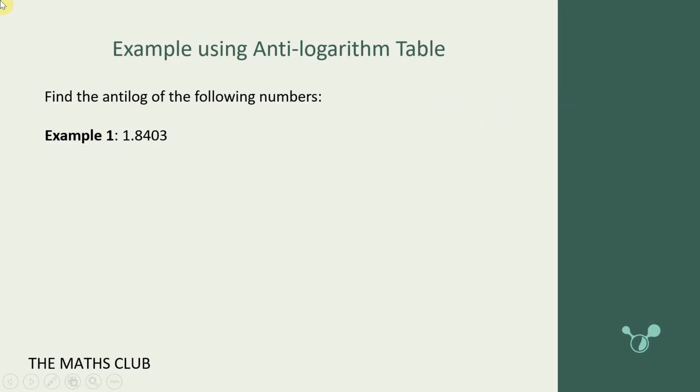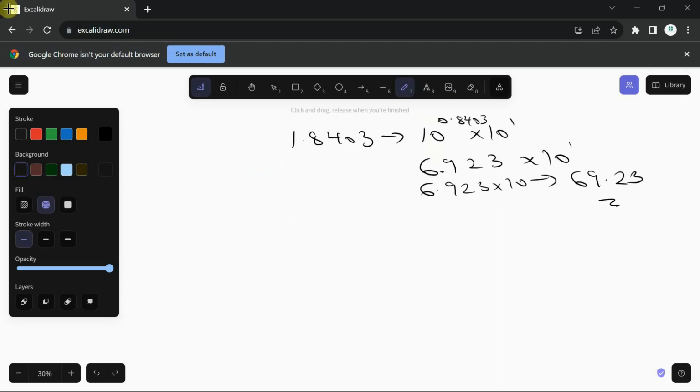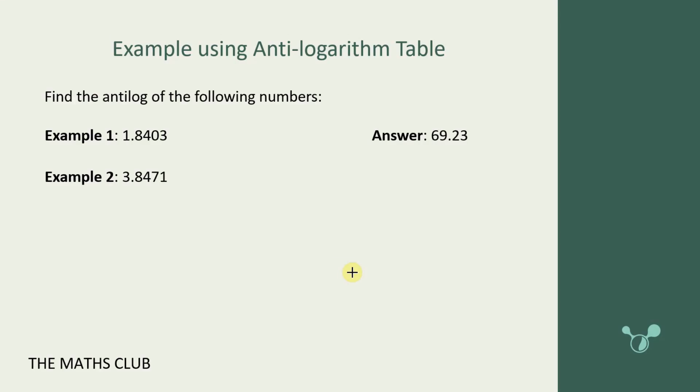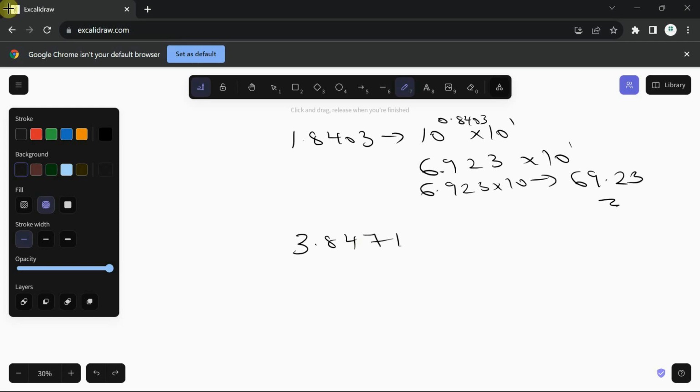So let's see this other example. This is 3.8471. So first we break it into two component parts: 10 raised to the power of 0.8471 times 10 raised to the power of 3.